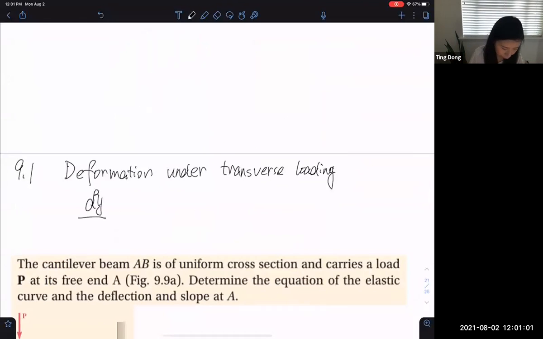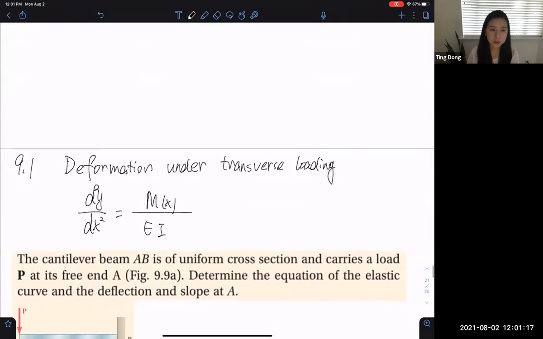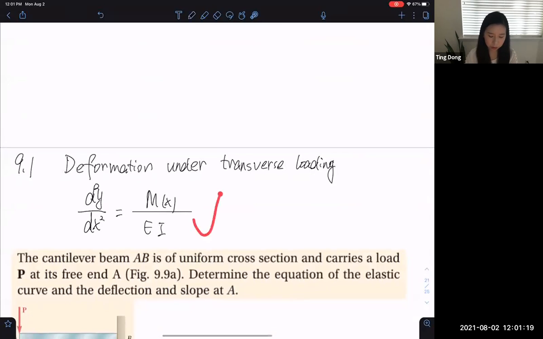The mathematical formula of curvature is the second derivative d²y/dx², which is equal to the curvature we learned in chapter 5, M over EI, right? Internal bending moment divided by Young's modulus times the moment of inertia. So this is the curvature equation, and integrate this equation once, you get the slope dy/dx. And integrate that equation again, you get the function y, which is the deflection, and the whole problem is solved.